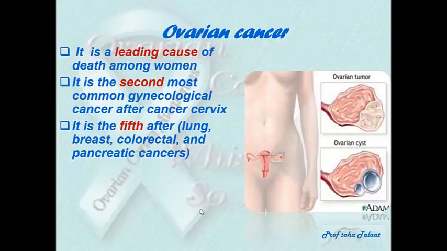So ovarian cancer is a leading cause of death among women. It is the second most common gynecological cancer after cancer cervix. And it is the 5th common after lung, breast, colorectal, and pancreatic cancer. So we have a high incidence of ovarian cancer also. The problem with ovarian cancer is that it is a silent cancer.